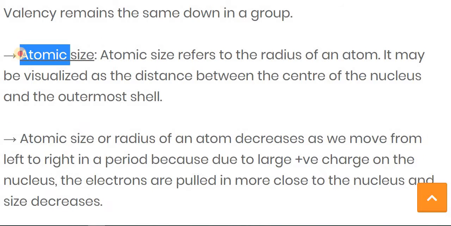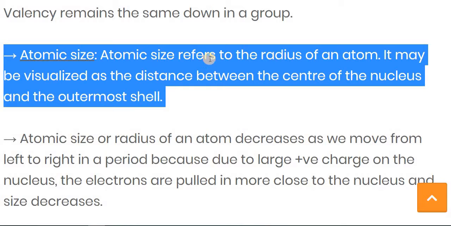The next characteristic is atomic size. Atomic size, which refers to the radius of an atom, may be visualized as the distance between the center of the nucleus and the outermost shell.